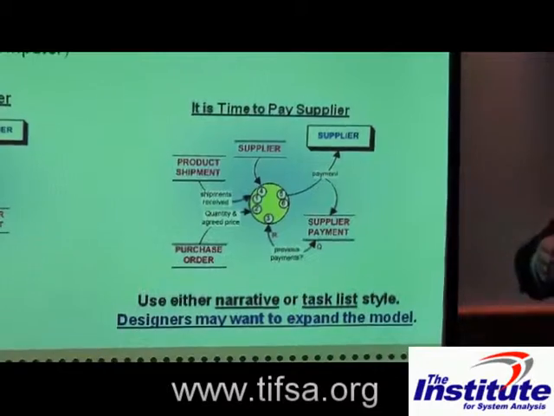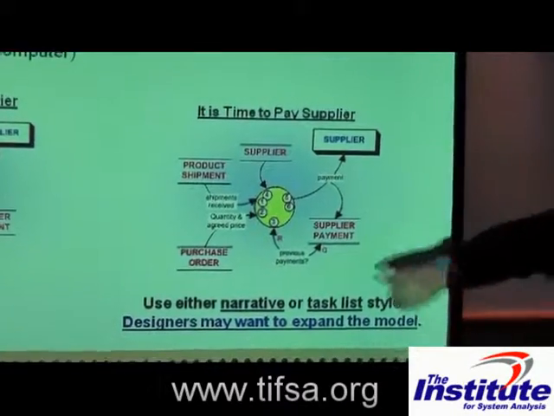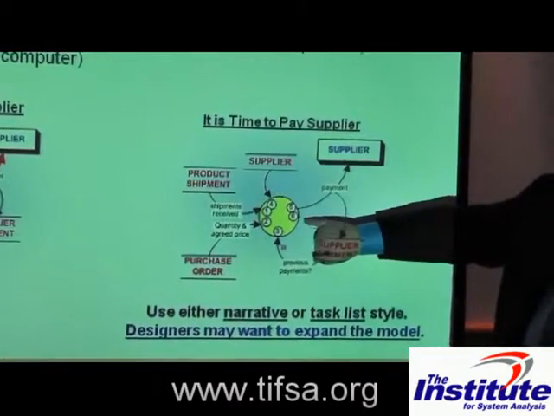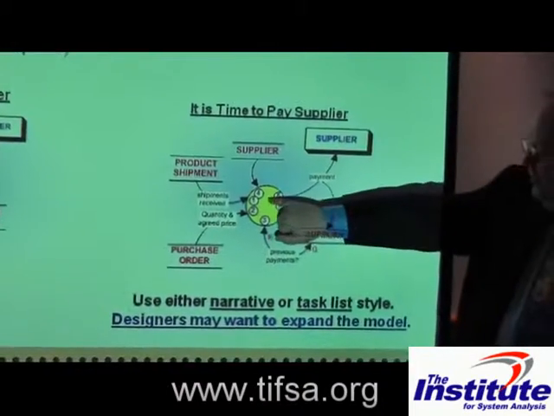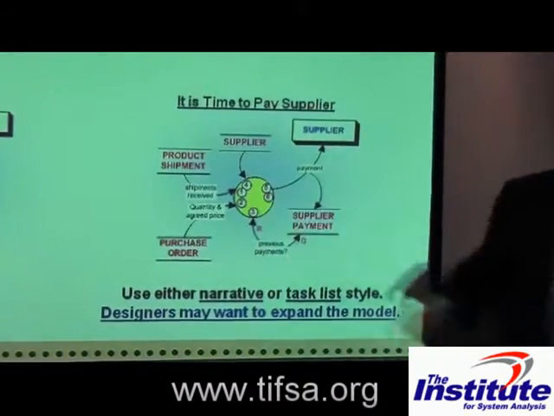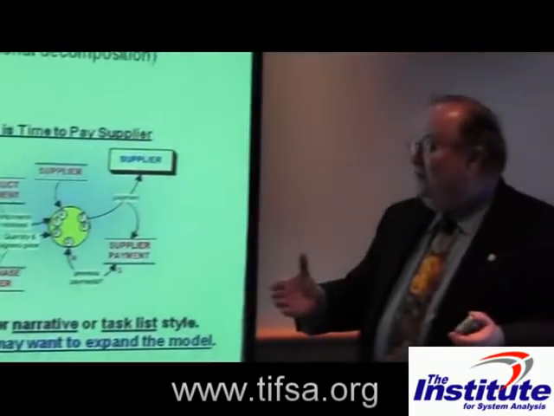So a number of tasks equals a process. You remember that when we wrote the narrative for a process, we enumerated them, and each one of these became a task. Well, a task is either going to be automated, or it's going to be not automated, or it could even be an interface between the two.